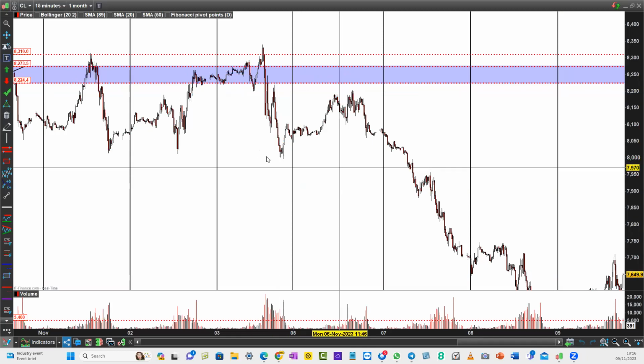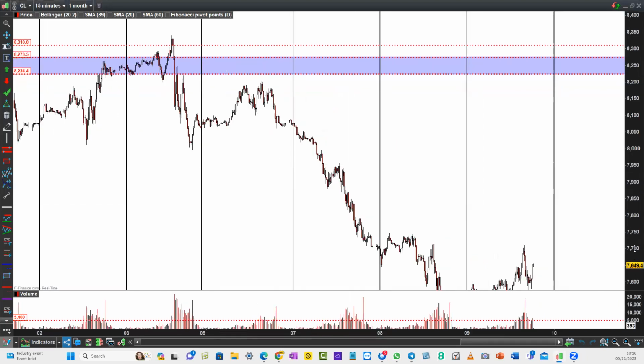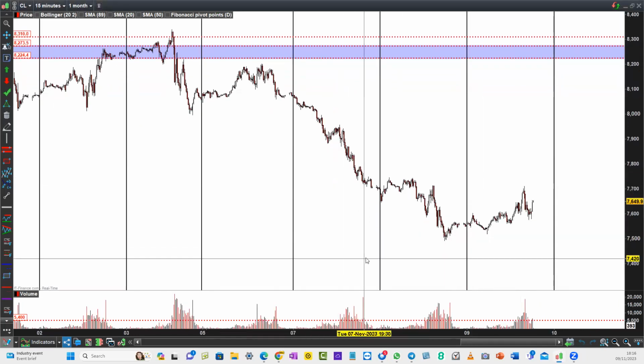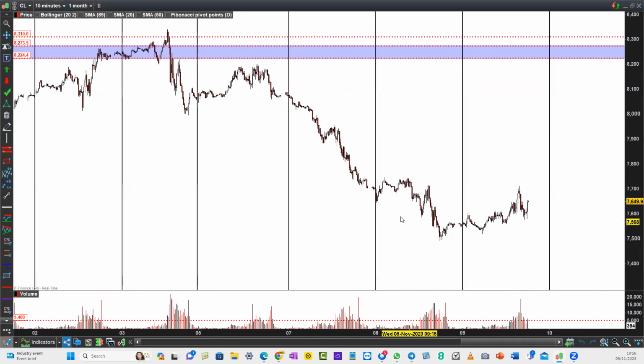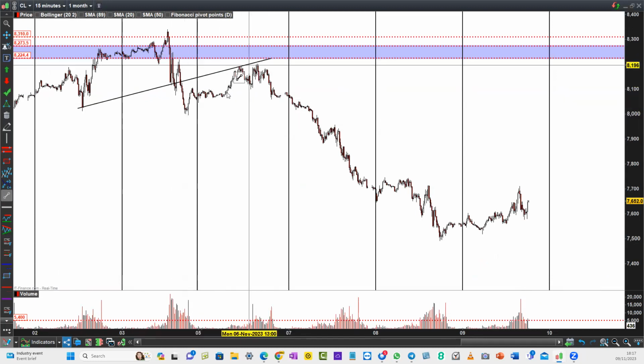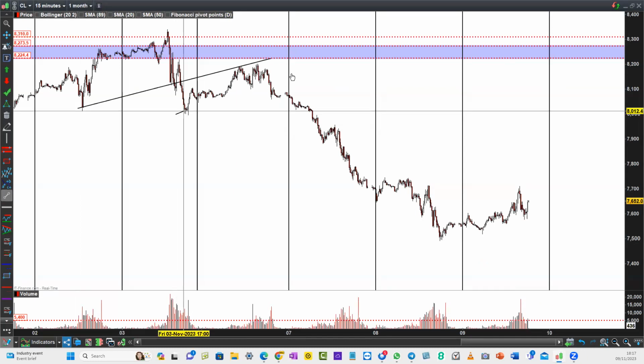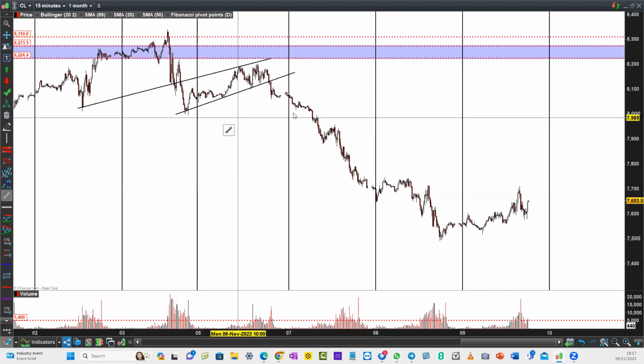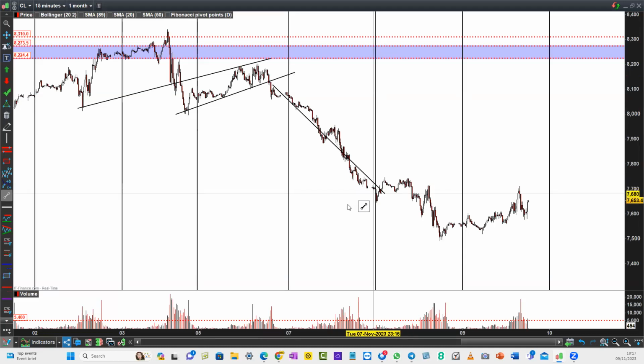All right, I love oil because oil has got a key level that you can use as a massive marker, and it doesn't half make your life easier. So you get a retracement, and then you get a structural breakdown. This was Tuesday, wasn't it?